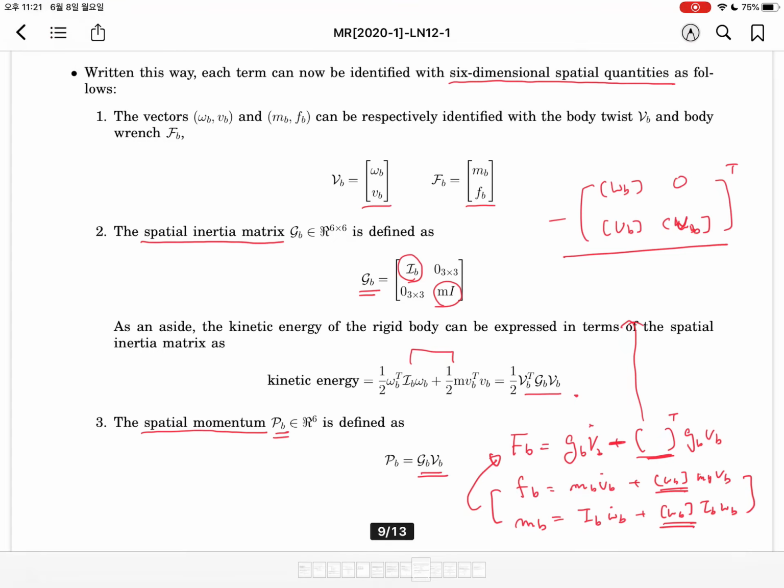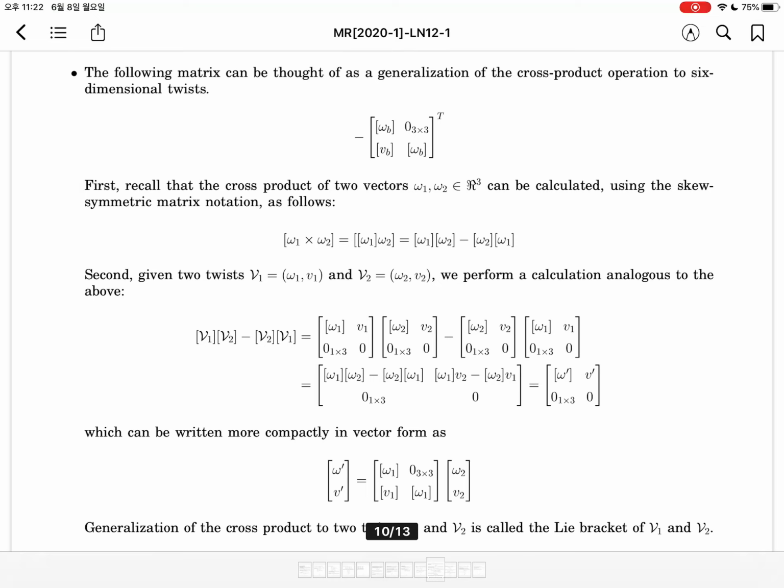Anyway, let's move to the next issue. This matrix can be thought of as a generalization of cross product operation. So you should remember this matrix as a generalization of a cross product operation.